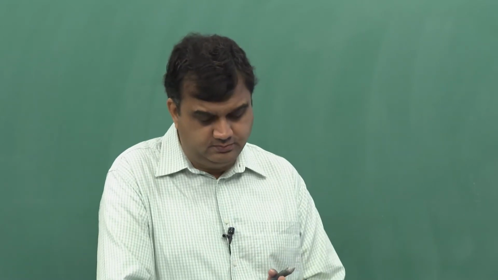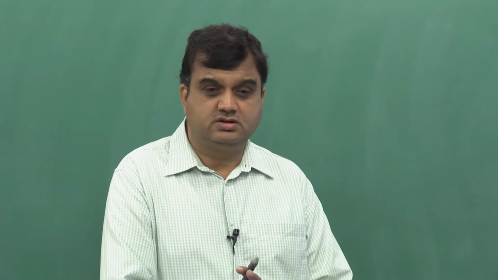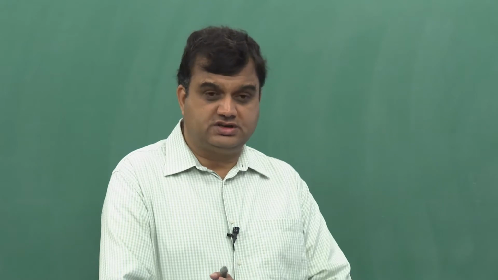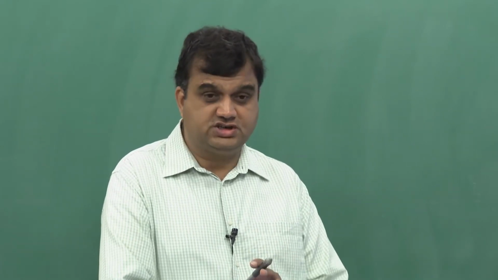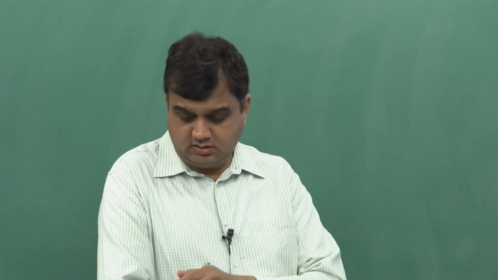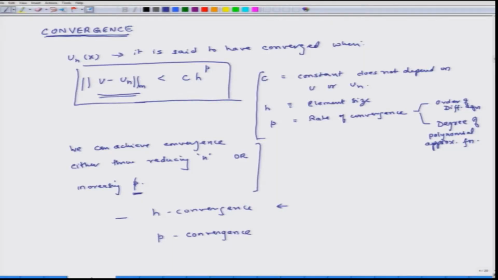So here the mesh is not changing, the discretization of the domain does not change, but what is changing is the value of p, by increasing the degree of polynomial approximation functions. In reality, we sometimes do both, we increase h and we also increase p, we can have a mixture, but these are two fundamental approaches of convergence, h convergence and p convergence.